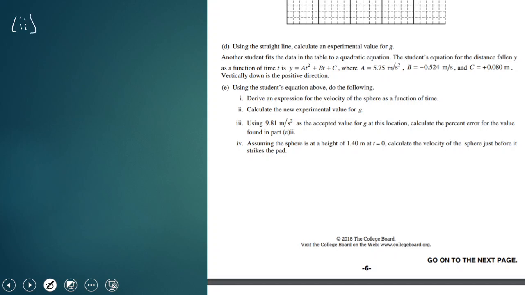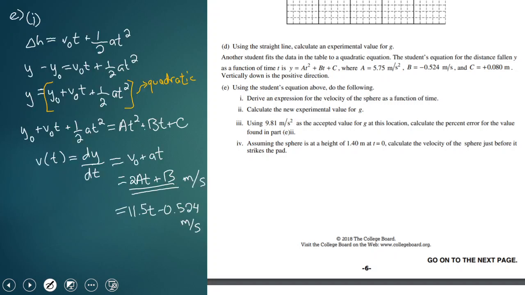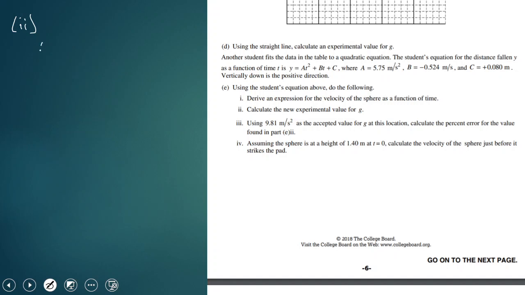we're asked to calculate the new experimental value of g. So using this derivation that we got, y naught plus v naught t plus 1/2 a t squared is equal to capital A t squared plus capital B t plus C, we can compare the coefficients where g is. What we notice is that our capital A corresponds with 1/2 lowercase a.